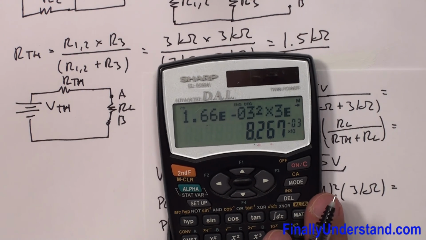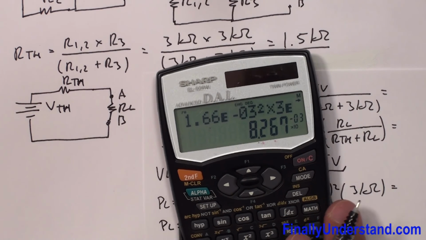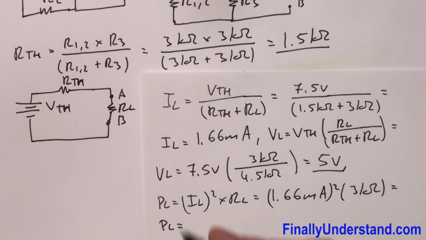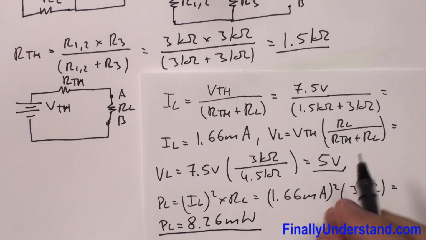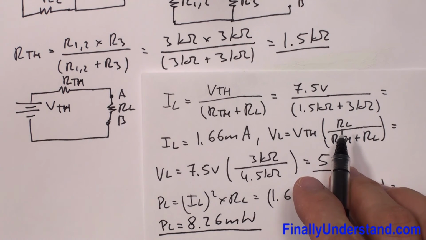This is equal to 8.26 milliwatts. So this is my power at the resistor RL.